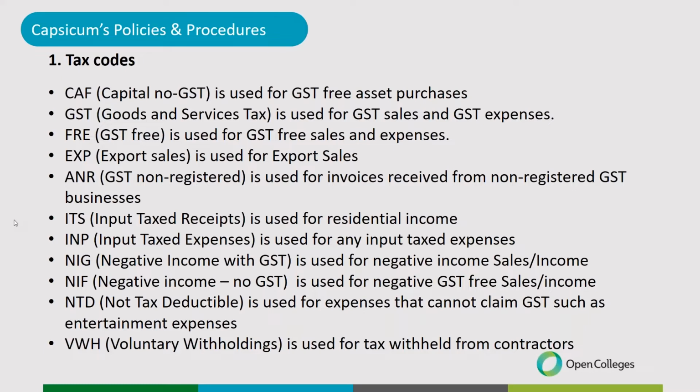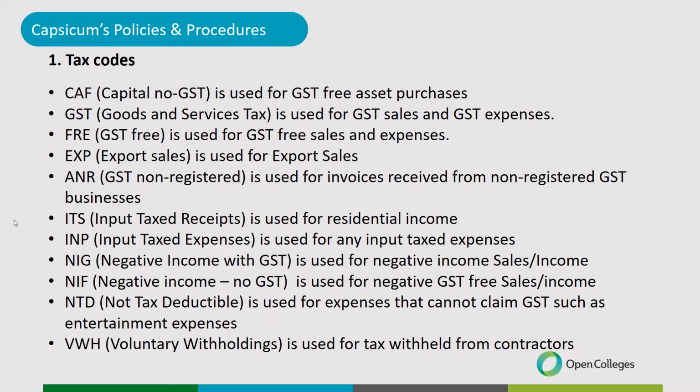Suppose we have to repair something for the rental property. So any expense we spend for the residential rental property will have the INP tax code. Unfortunately, for expenses on the residential property, you cannot claim GST.